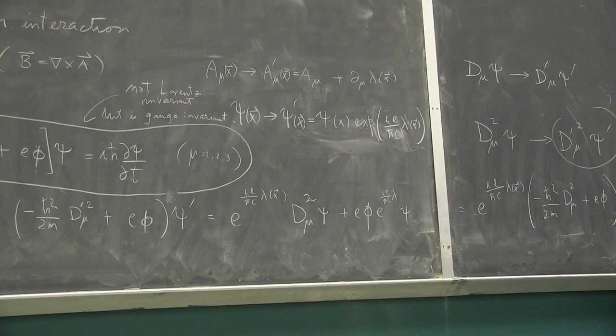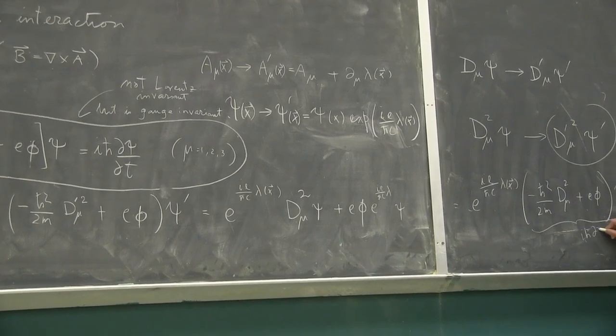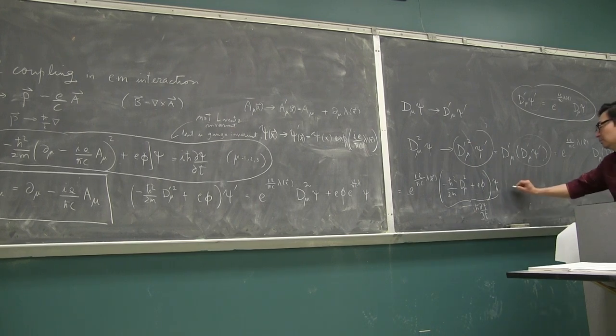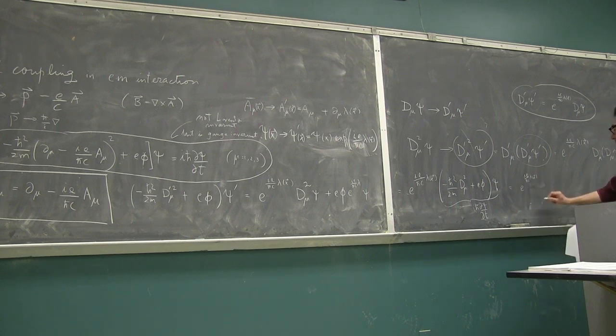But according to the old Schrödinger equation, this part in here is equal to i h bar d psi dt. So the whole thing must be equal to e to the i e over h bar c lambda of x times, let me put the i h bar up front, d psi dt.